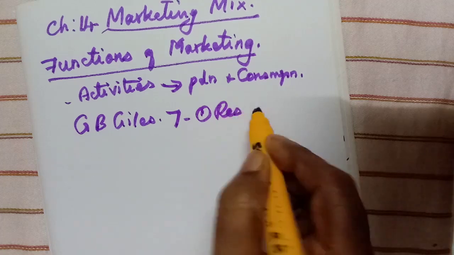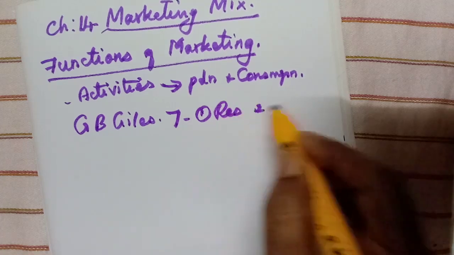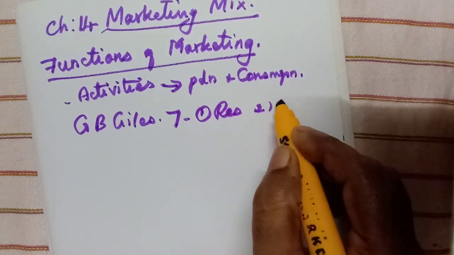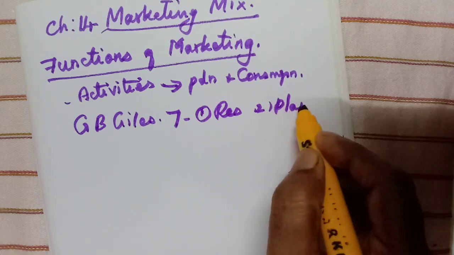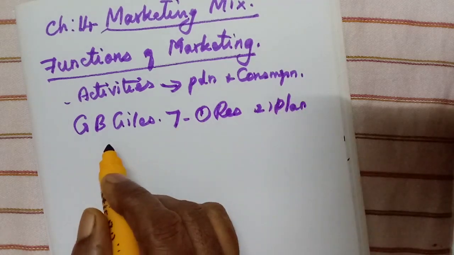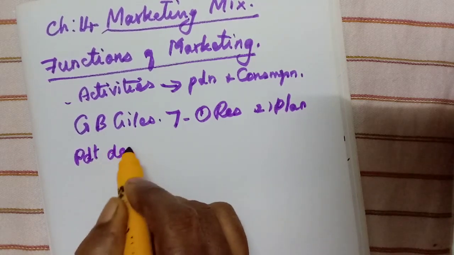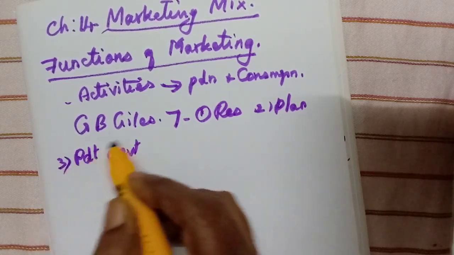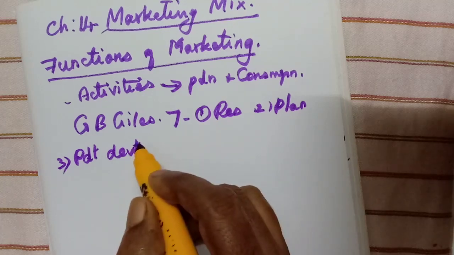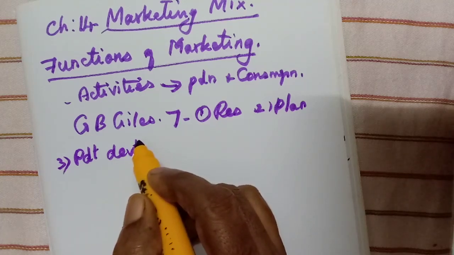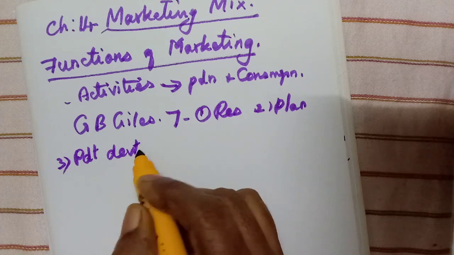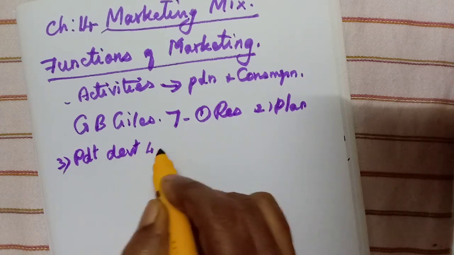Then marketing planning. Planning he has to do. Then product development. The product must be well planned. What type of product he has to sell.